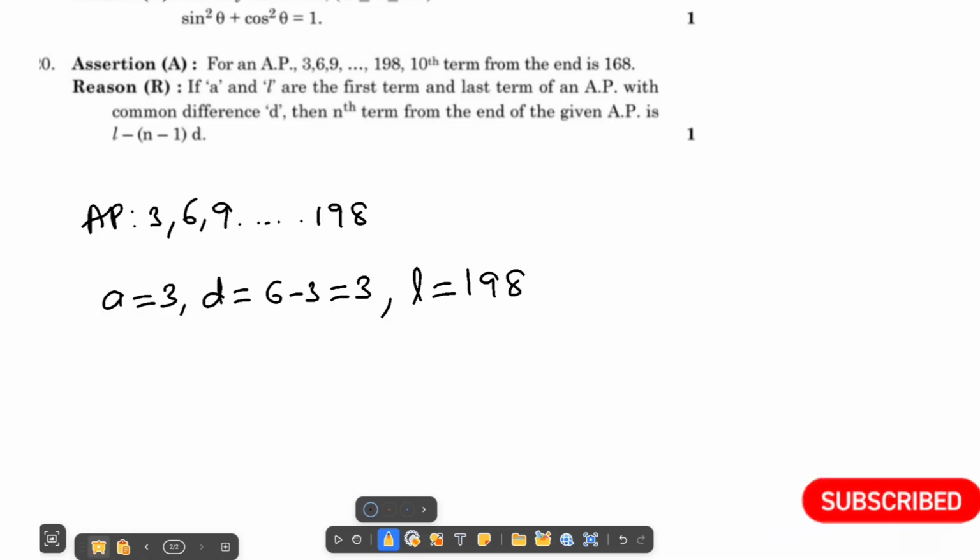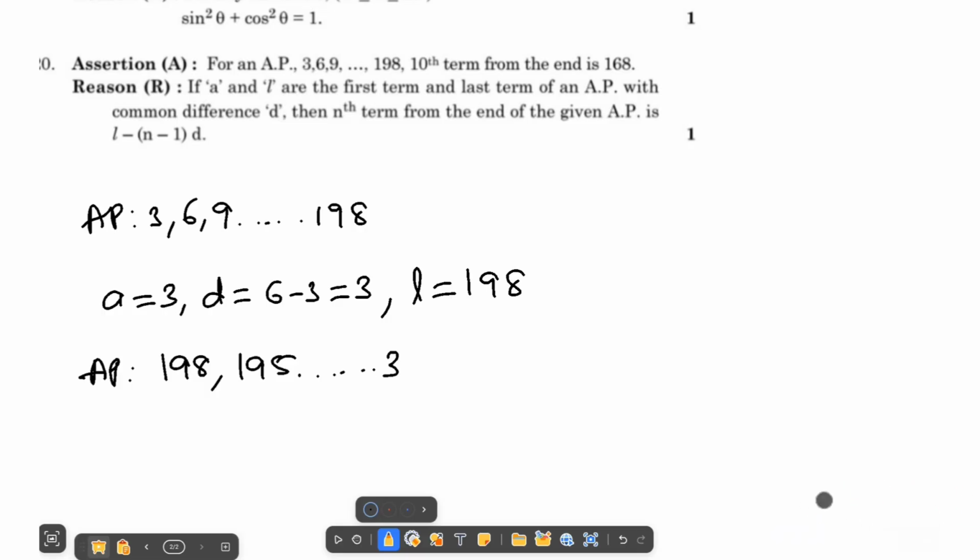If you want to find the 10th term from the last, then write the AP in reverse. That means the last term will become the first term, 198. The number before 198 is 198 minus 3, 195, till the last term, which is 3.